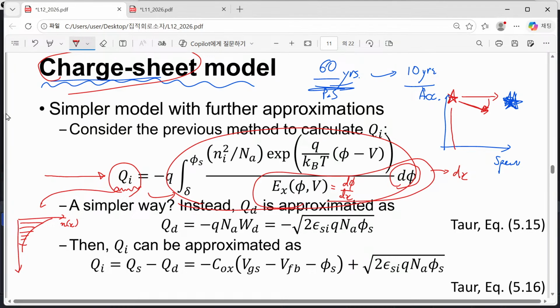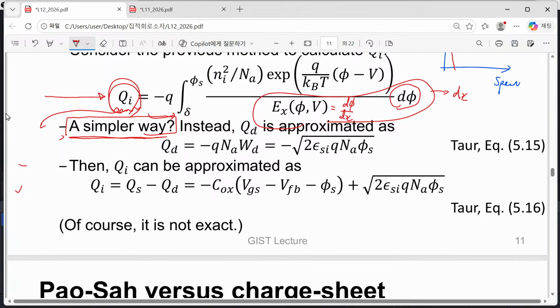Here, the idea is quite interesting. So instead of calculating all kinds of numerical integration, this approach says that the inversion charge is simply given as the difference between the total charge and the depletion charge.